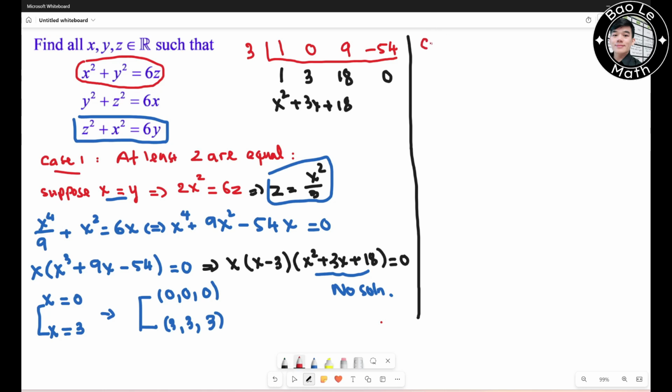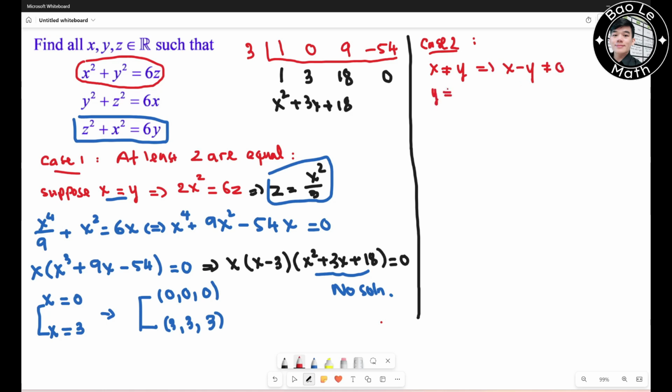Now case number 2: all x, y, and z have different values. So x different from y means x minus y must be different from 0.